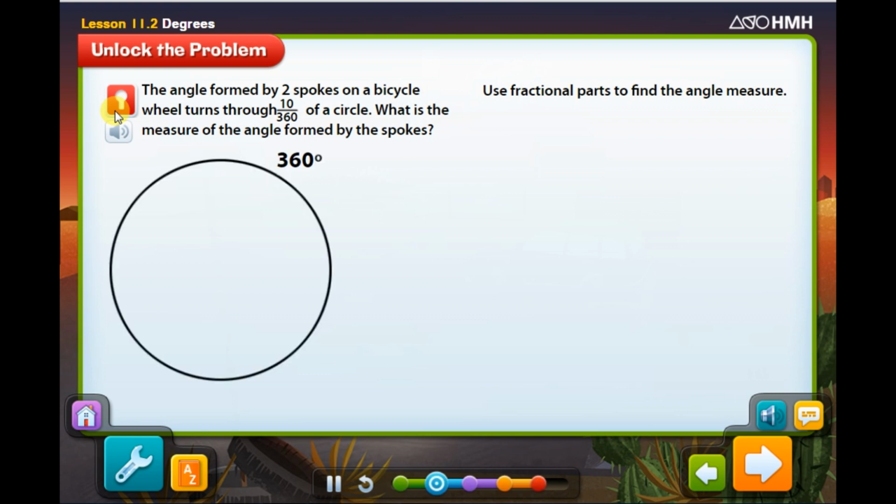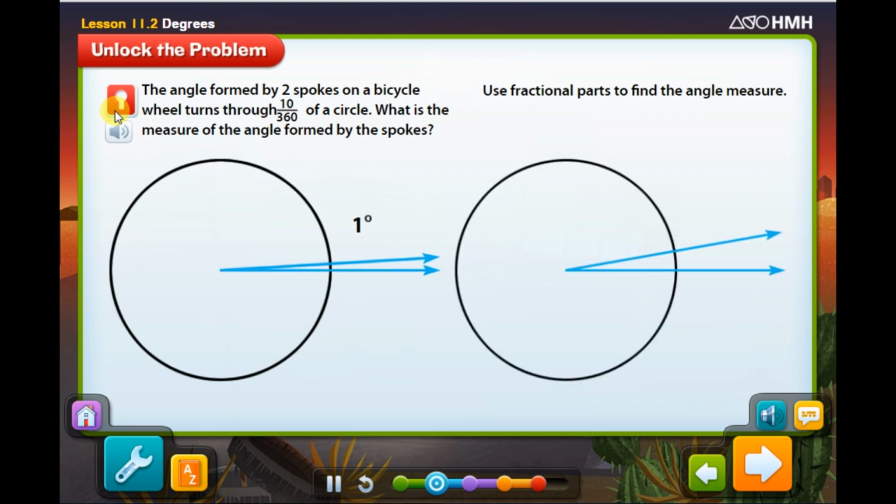Angles are measured in degrees. An angle that turns through one whole circle measures 360 degrees. Think of a circle divided into 360 equal parts. An angle that turns through one part, or 1/360th of a circle, measures 1 degree. So an angle that turns through 10 parts of the circle is what fractional part of the circle?